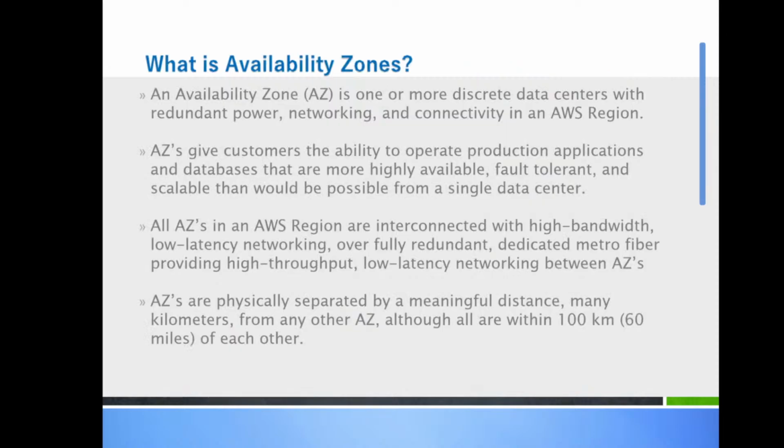So what is an availability zone? An availability zone is one or more discrete data centers with redundant power, networking, and connectivity in AWS. One or more data centers.